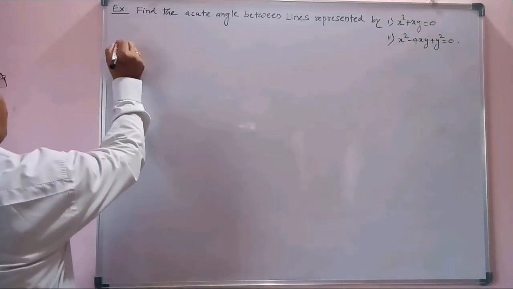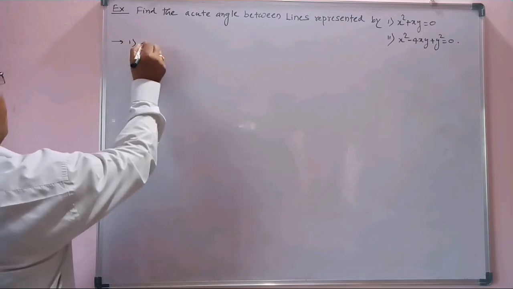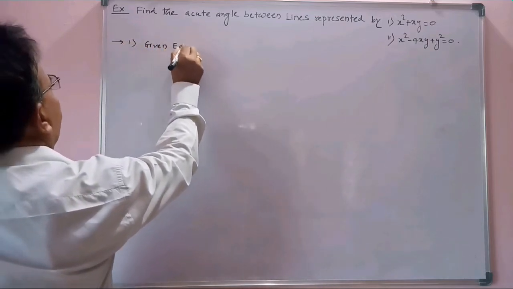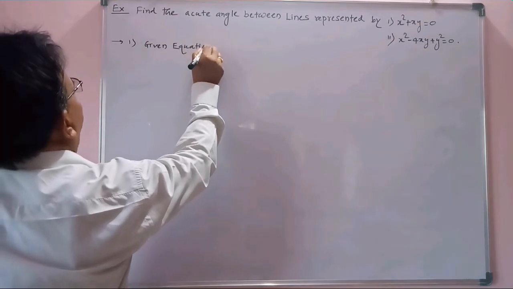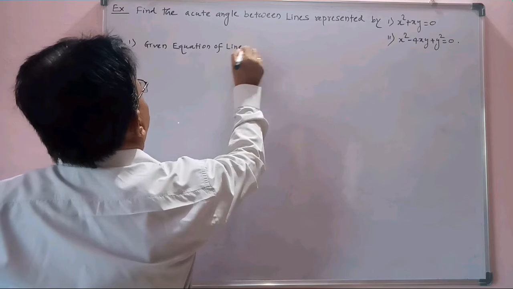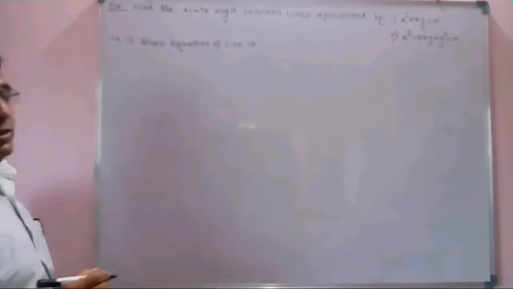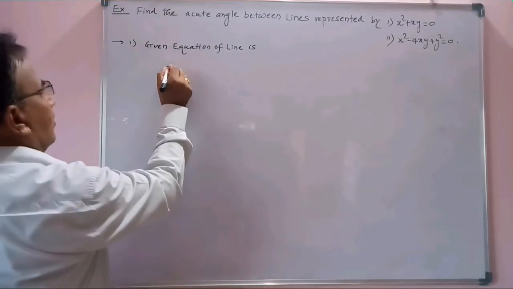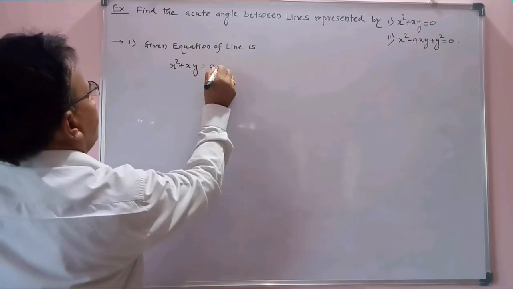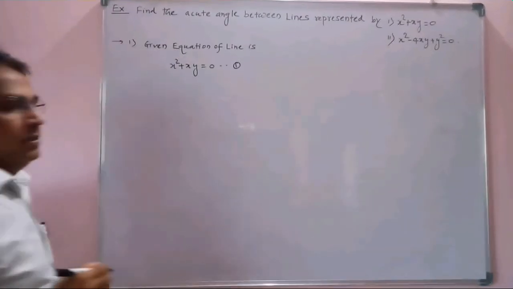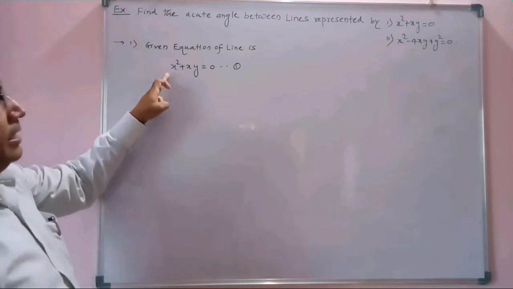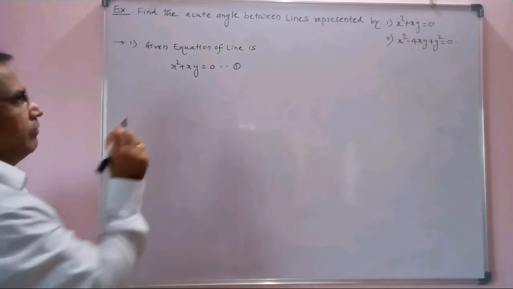Therefore, the first given equation of line is x square plus xy equal to 0. This is the equation first.